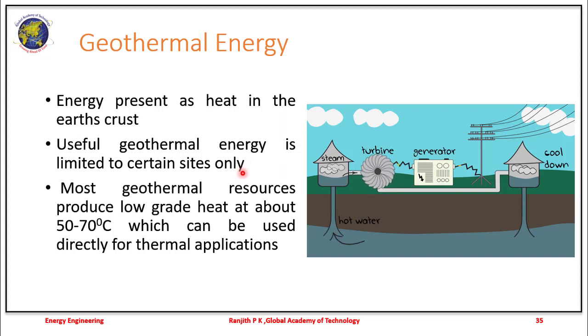This is not found very widely and is limited to certain areas in the map. And also it is to be noted that most of these geothermal sources produce low grade heat in the range of 50 to 70 degrees Celsius, which can be used for direct thermal applications.